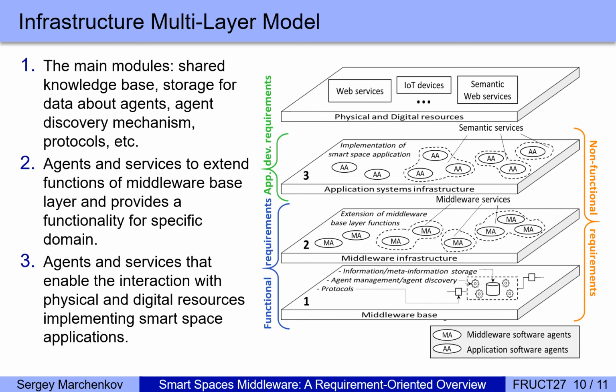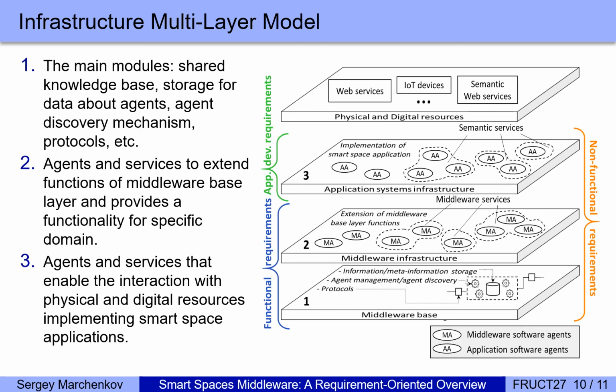The middleware base layer contains the main modules of middleware: shared knowledge base, storage for data or metadata about agents, agent management, agent discovery mechanisms, and modules that implement protocols. This layer allows agents to register in the smart space and find other agents to communicate with them using protocols supported by the platform.